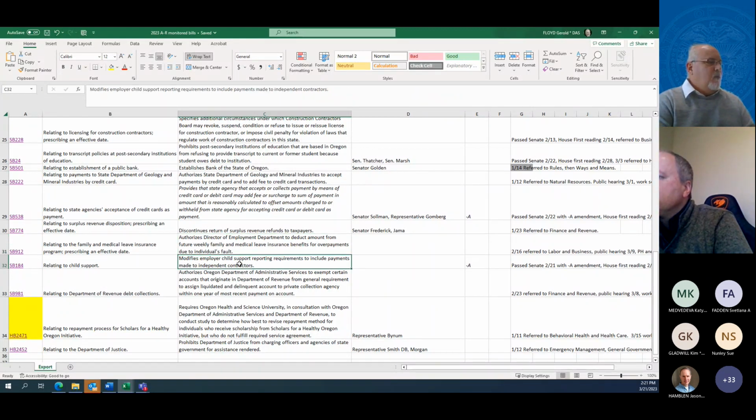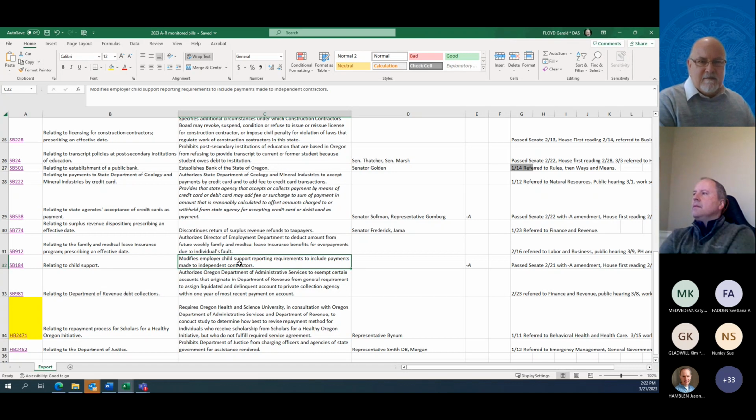Senate Bill 184 has a -A amendment. This modifies the employer child support reporting requirements. Basically what this does is, as an employer, you are required to submit what's called a new hire report to the Division of Child Support. I believe it's within 30 days of hiring that employee.